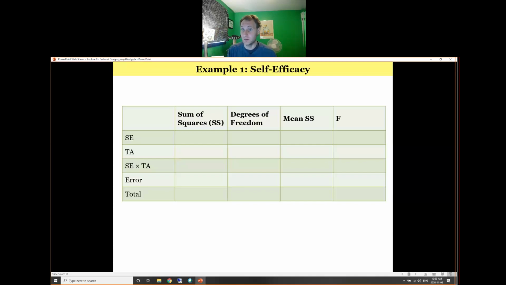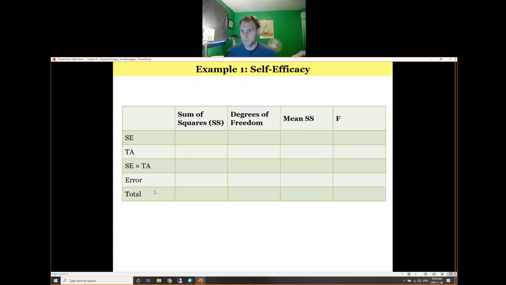We have self-efficacy, low and high, and we also have time available. So self-efficacy is SE here, and time available, TA, low and high. And then we also have the intersection of those, the interaction. So that's the SE times time available cell. Like before, then we also have error and total.